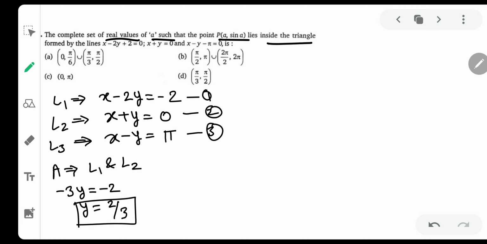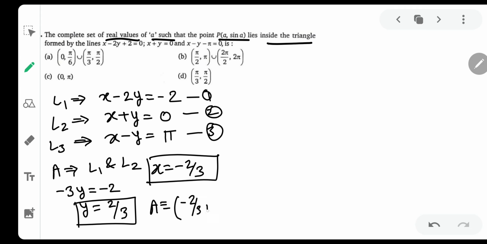Substituting y equals 2 by 3 in equation 2, you get x as minus 2 by 3. So A is (minus 2 by 3, 2 by 3). Let us check once again so as to not commit a mistake. Y is 2 by 3, substituted in equation 2, x is the negative of that, minus 2 by 3. Yes, that is our point A.